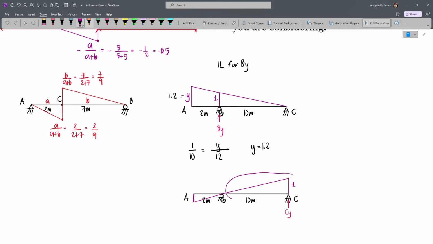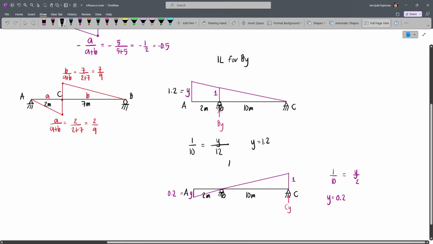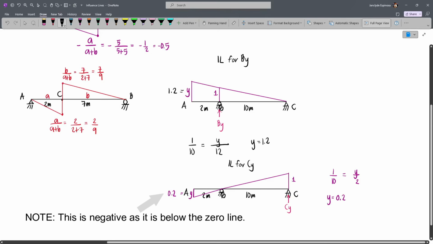We have, for this triangle, 1 is to 10. This is the height over the horizontal distance, and that's equal to, let's say this is y, y is to 2 meters. So our y will be 0.2. And so this is how we can get the ordinates. And so this is the influence line for Cy, or the reaction at C. And so these are the things that you have to remember.